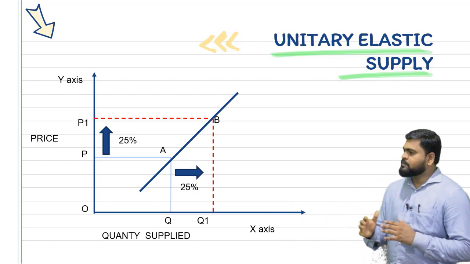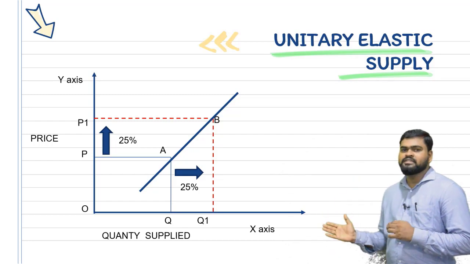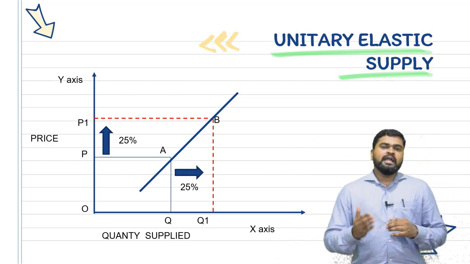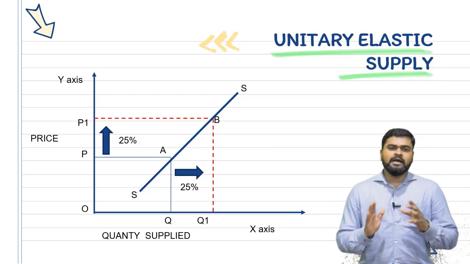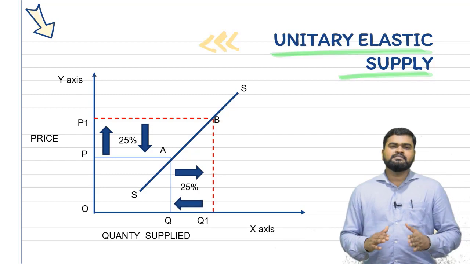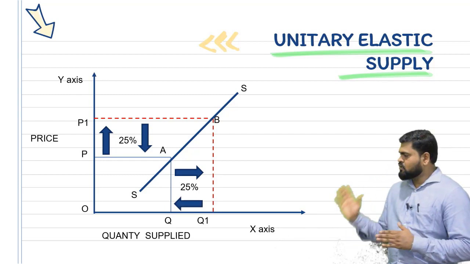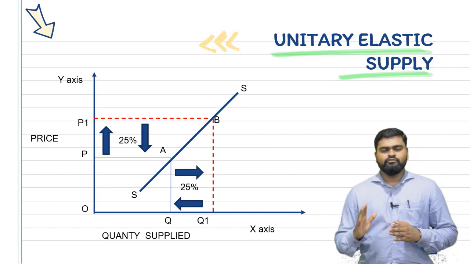Here, for example, if price increases by 25%, quantity supply will also increase by 25%, and when price decreases by 25%, quantity supply will also decrease by 25%, which simply says percentage change in price is equal to percentage change in quantity supply, and here elasticity is equal to 1.